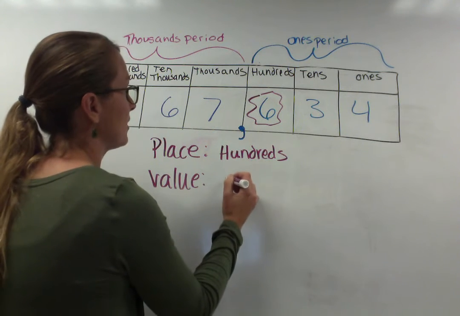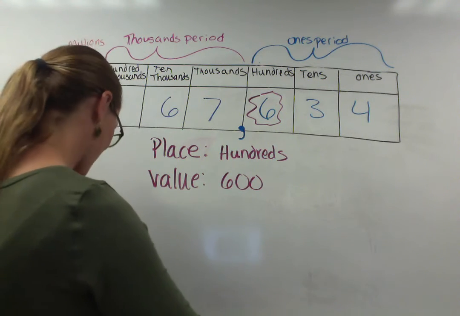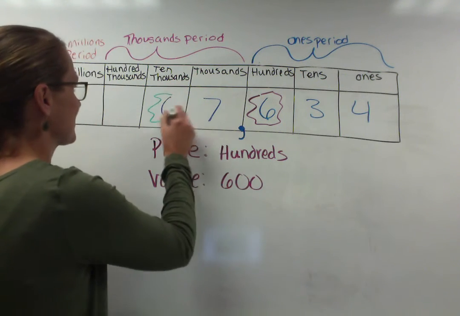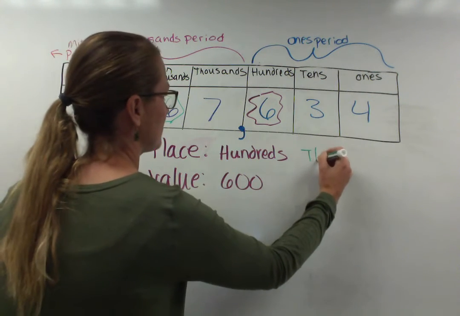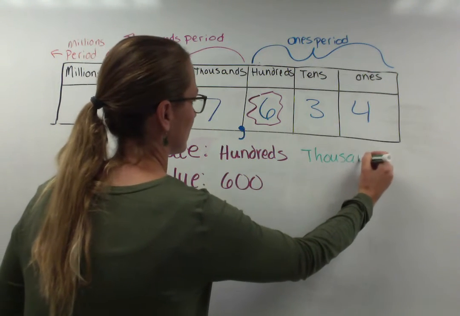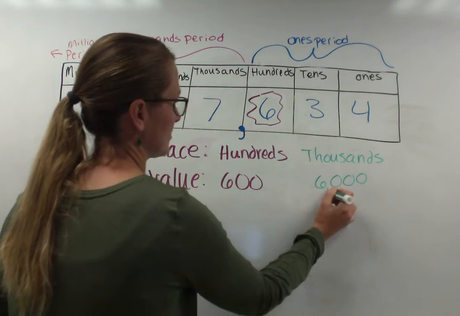It has a value of 600. But this 6 is in the thousands place, and it has a value of 6,000.